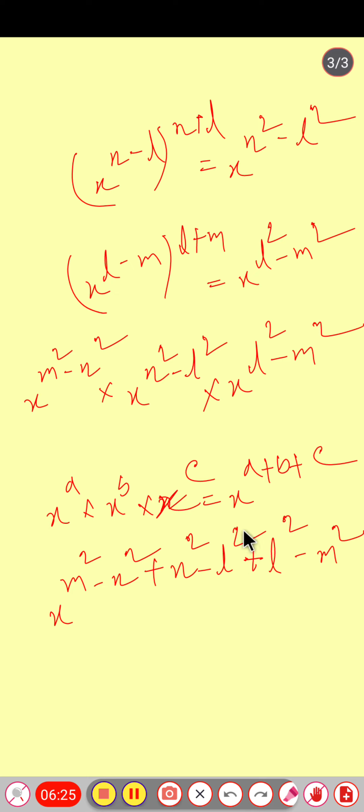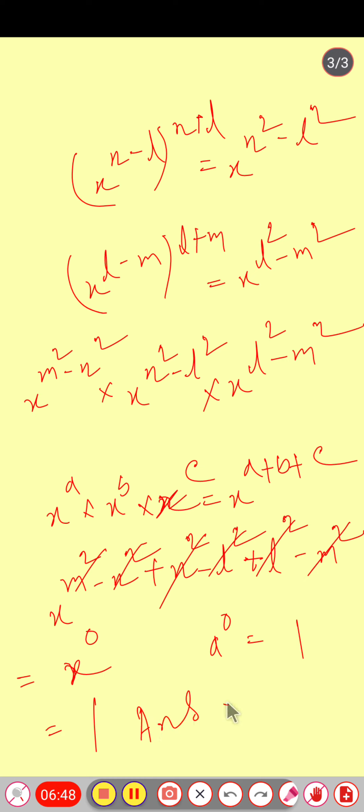Now you can see l square plus l square, you can cancel, n square cancel, m square we can cancel. So nothing is there, that means x to the power 0. We know anything to the power 0, a to the power 0 is 1. That means x to the power 0 also will be 1. Okay, so this is the answer.